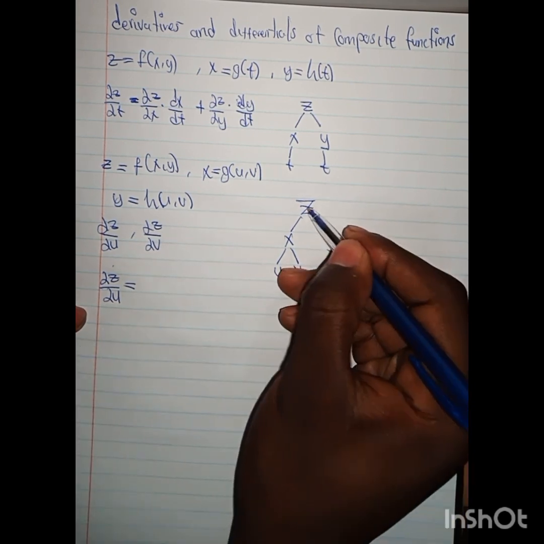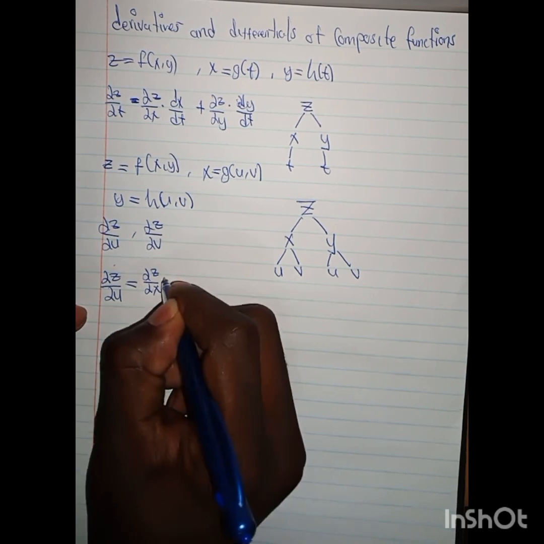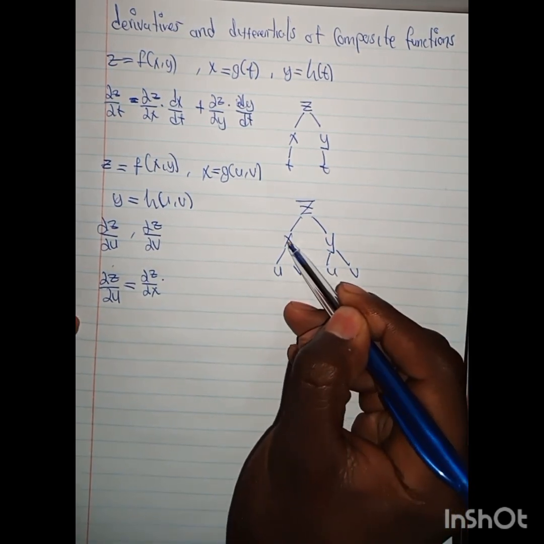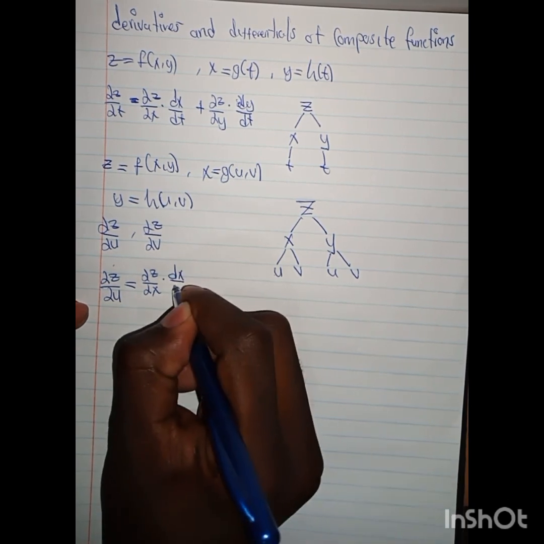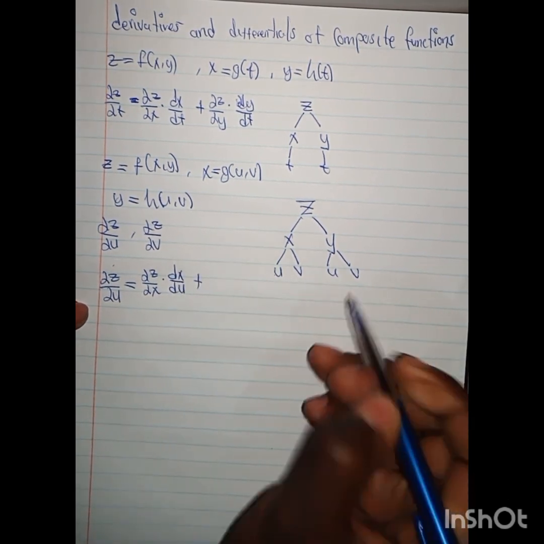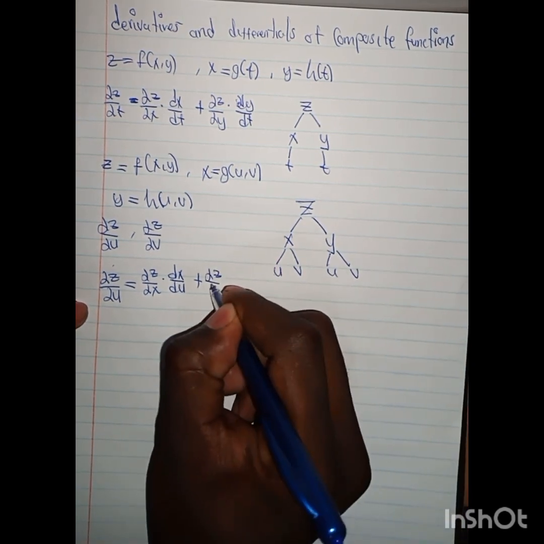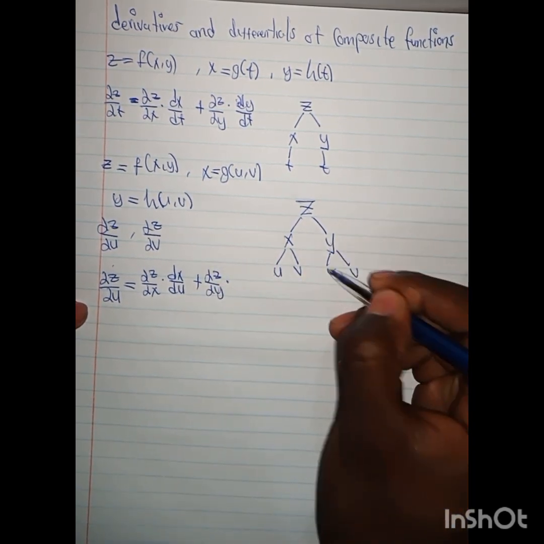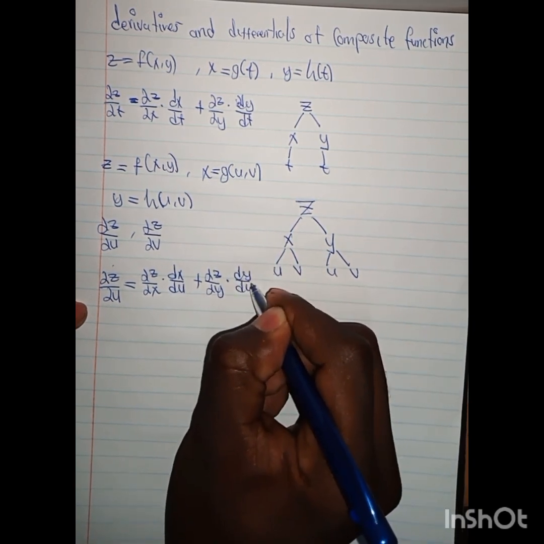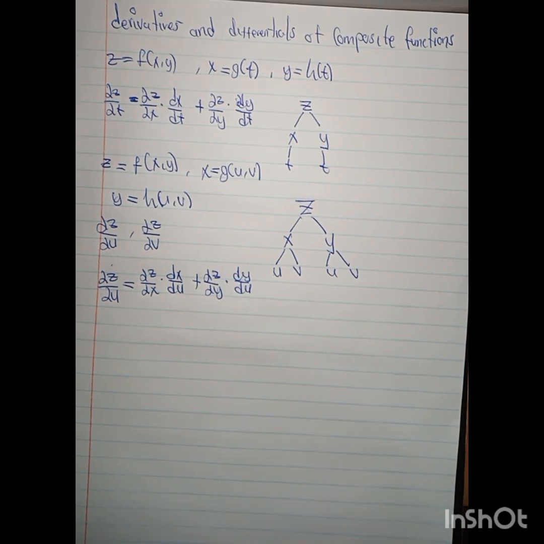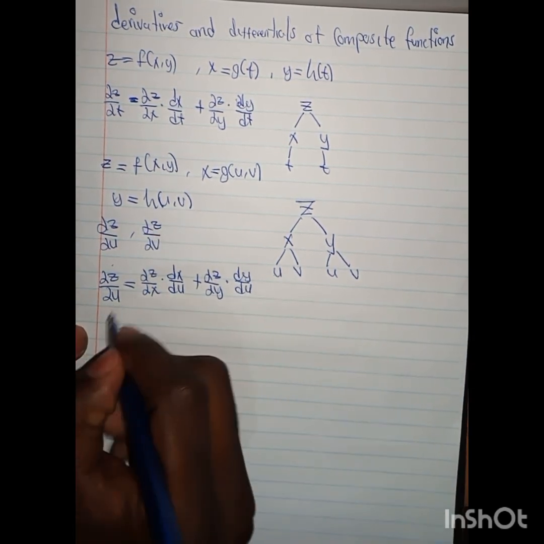Then it means we're going to have dz/dx, and then you multiply by dx/du, plus dz/dy, you multiply by dy/du like that.